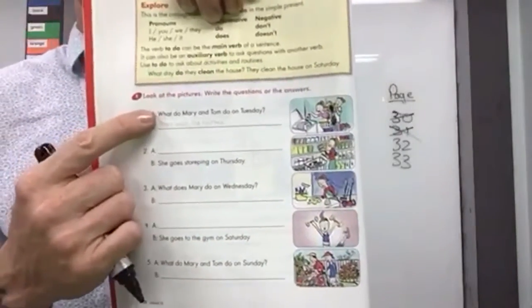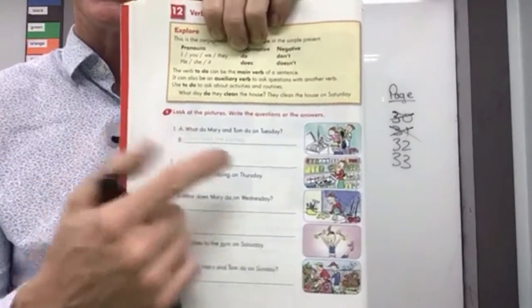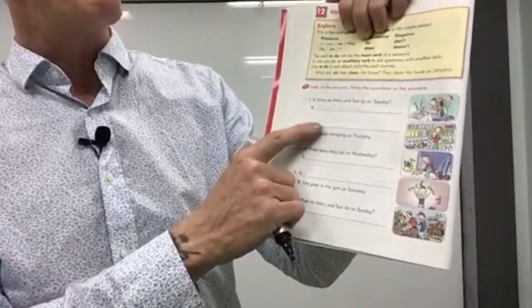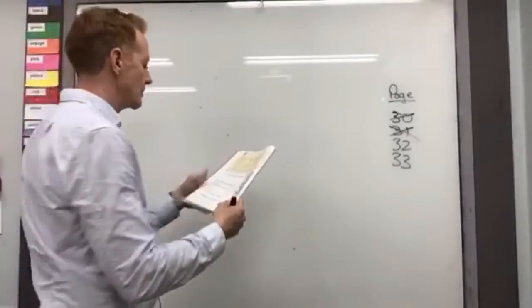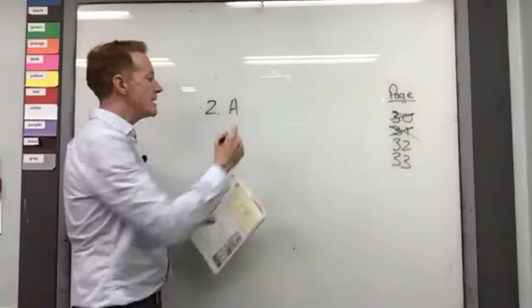So it's very similar to this one here. What do Mary and Tom do on Tuesday? Now we're just talking about Mary here. So what does Mary?